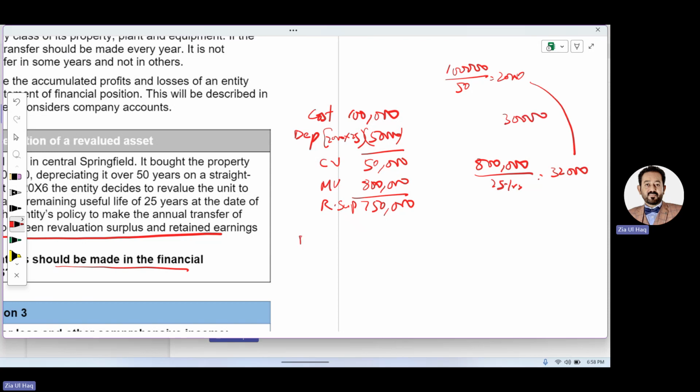So we need to record the accounting entries. Debit asset, debit accumulated depreciation, and credit revaluation surplus with 750,000, and the accumulated depreciation is 50,000. So with 700,000 we will record the asset.